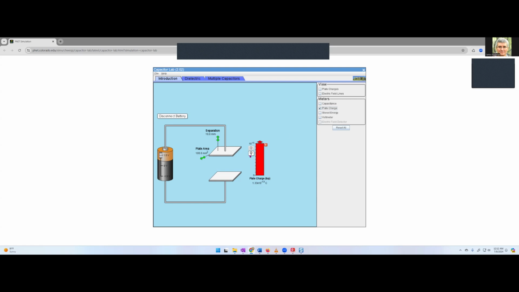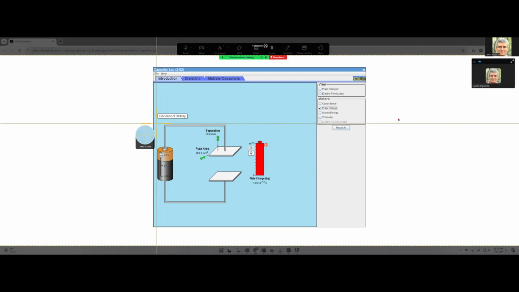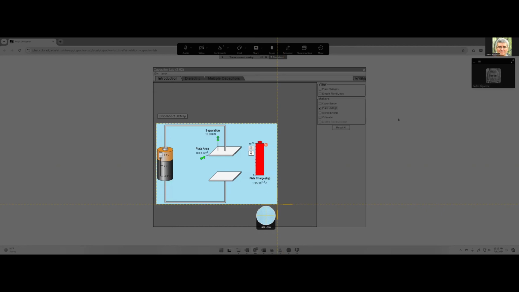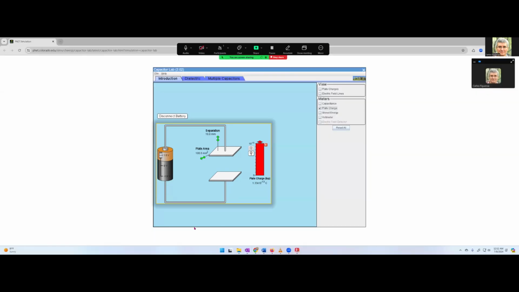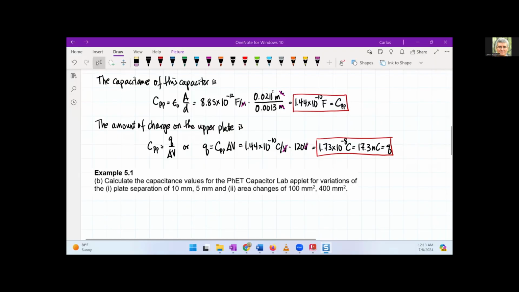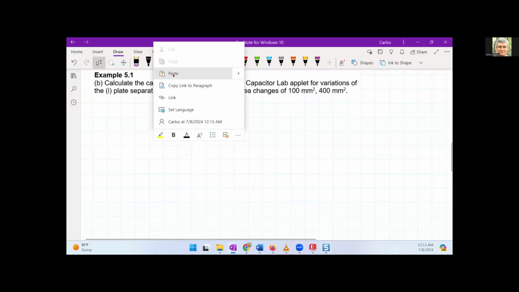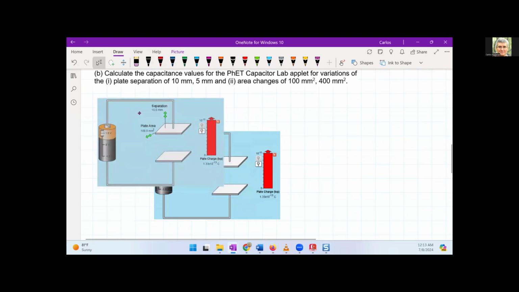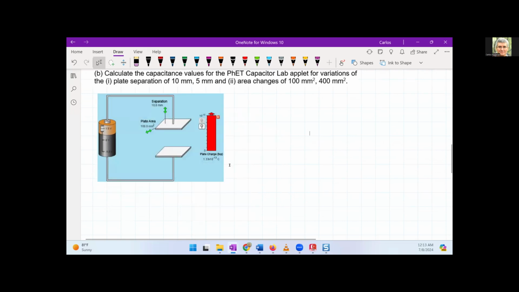So let's take this information, and what we'll do here is calculate the capacitance two different ways. So let's go do that here. And this is what we just saw right here. I know the charge, I know the voltage, so I can calculate this capacitance two different ways.